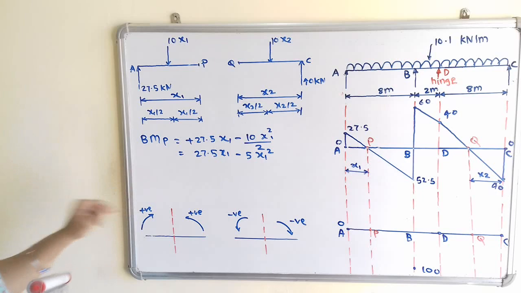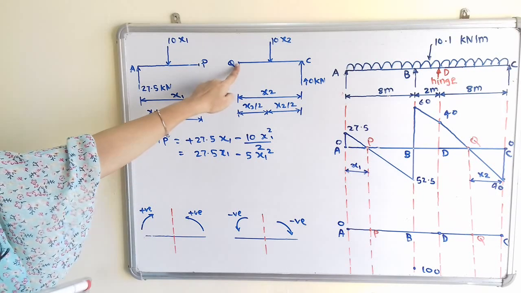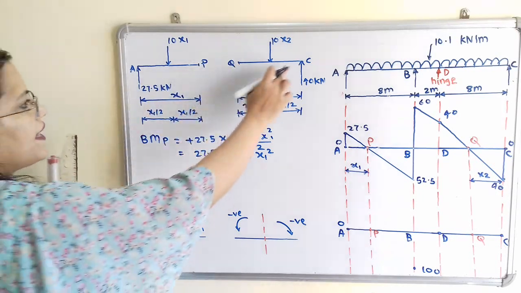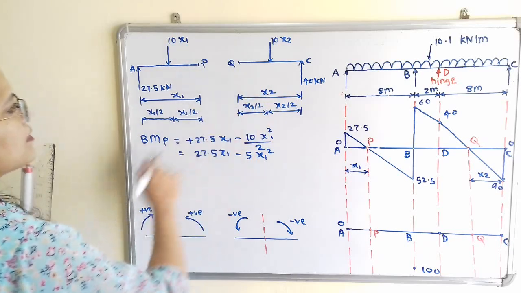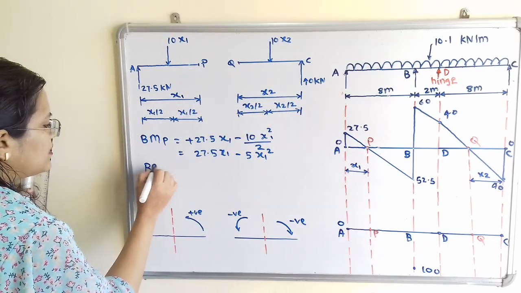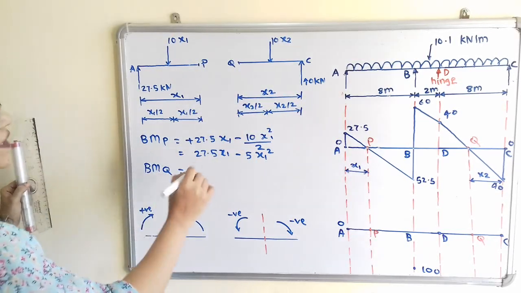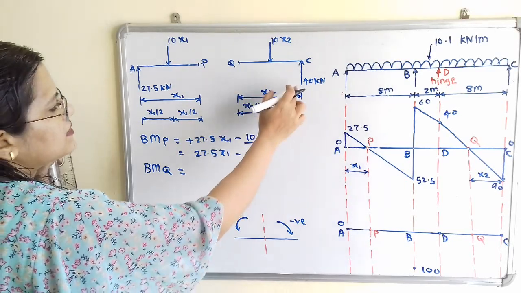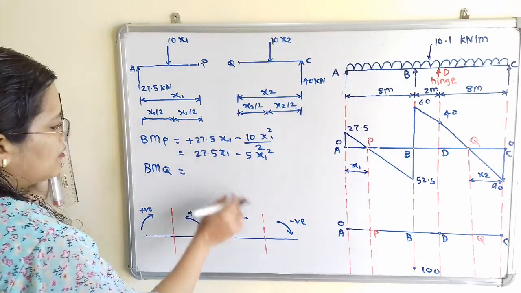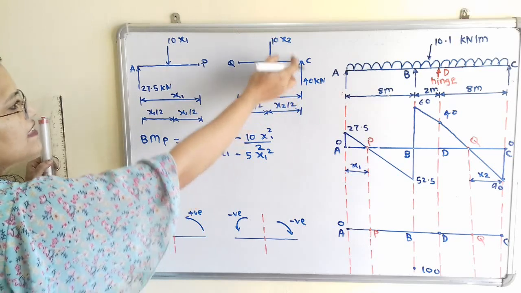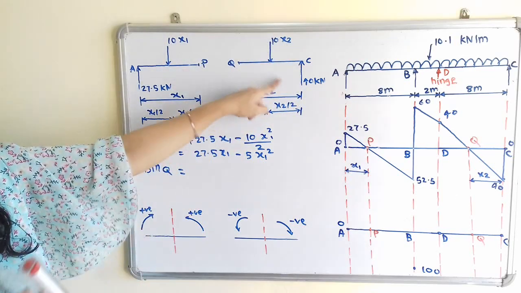Now we will move to the next point, that is for this point Q. So again we will calculate this bending moment at point Q. It is at a distance x2, so it is on the right hand side. We will take the summation of moments on the right hand side.